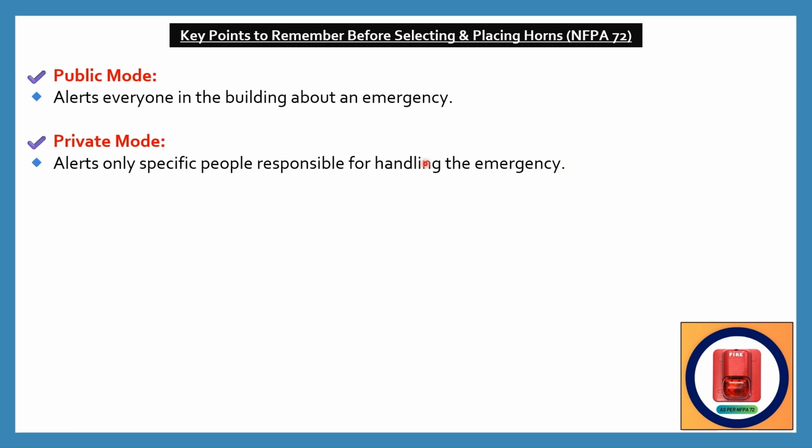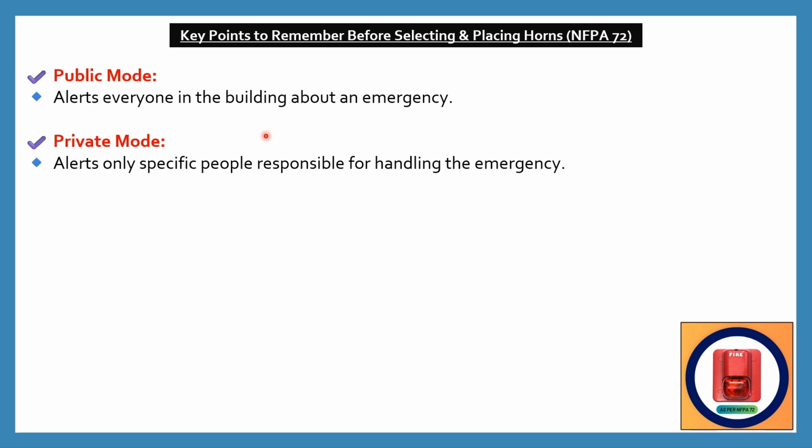In short, if you want to alert the occupants in the entire building, we need to consider public mode. And if you want to notify only specific people responsible for handling the emergency, we need to use the private mode method.